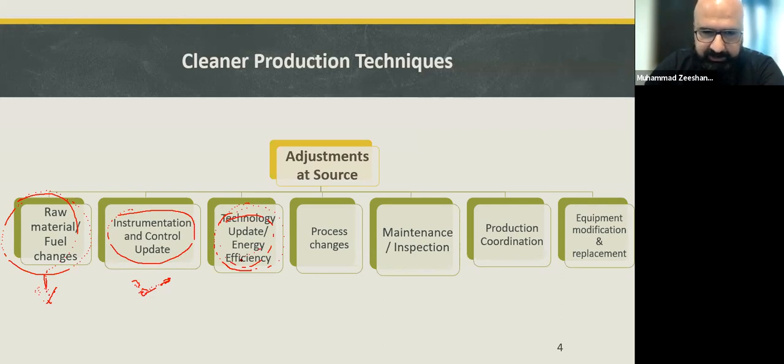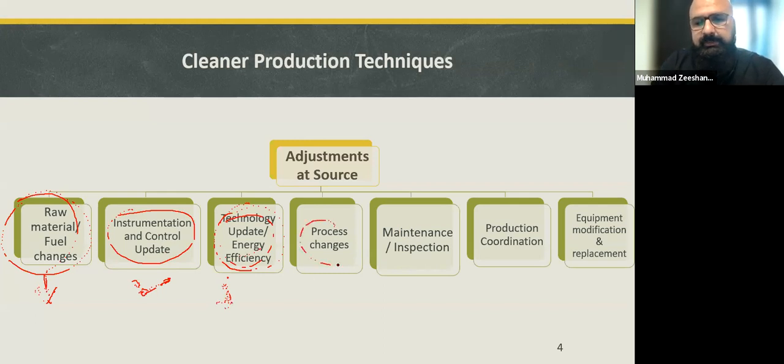If we incorporate more energy efficient equipment and technology into our industry or our vehicles, we get more output from the machine consuming the same amount of fuel, and that's how we achieve fewer emissions for the same output.